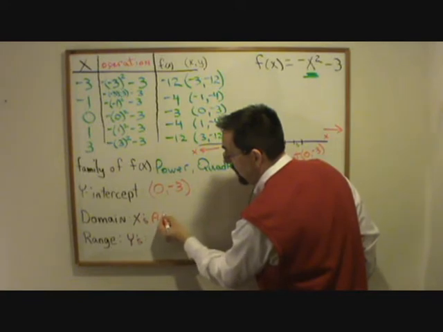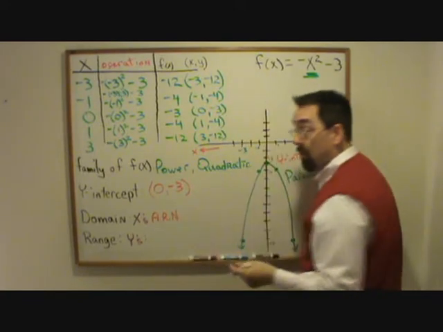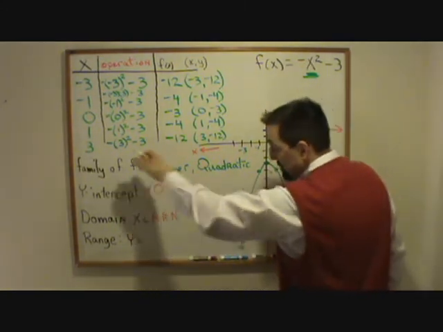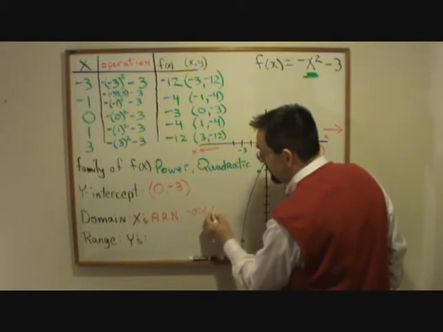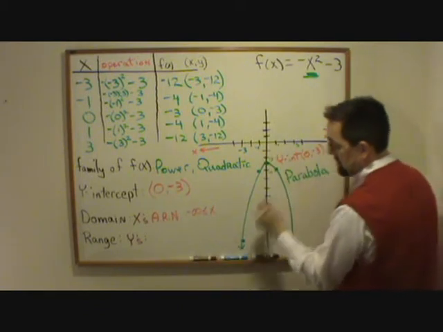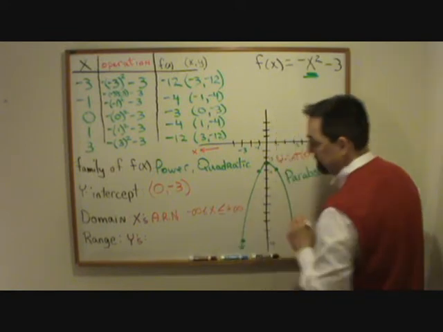So the answer here is all real numbers. Or in math terms, really small ones, so minus infinity, less than or equal to x, which is less than or equal to positive infinity.